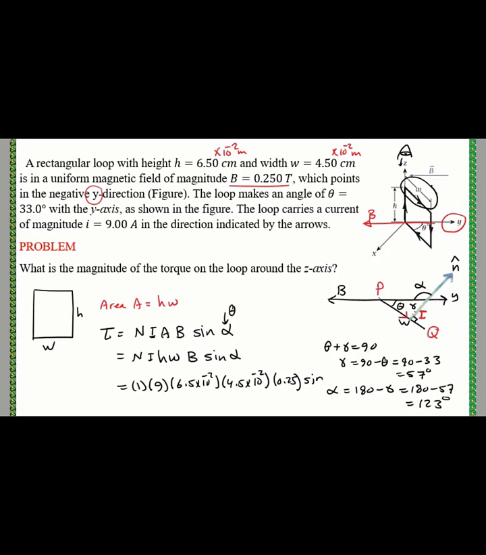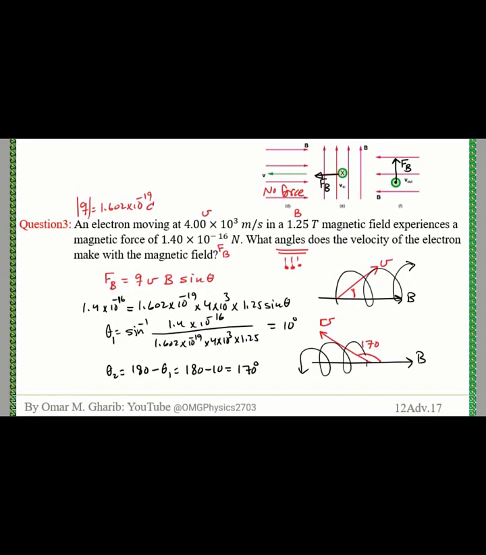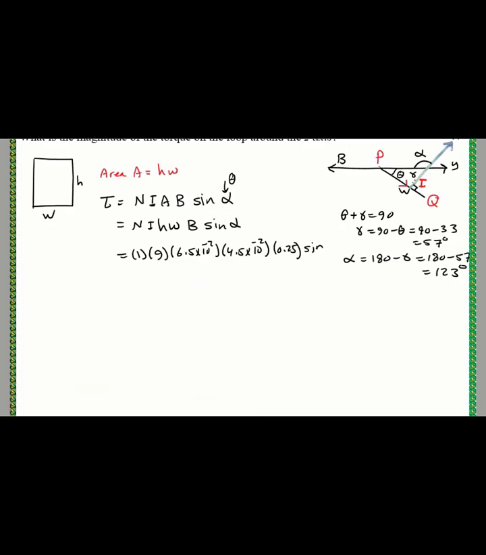Sine 123. Put it in your calculator to get the answer: 2 times 10 to the minus 3. It is a torque, so the unit is Newton meter.